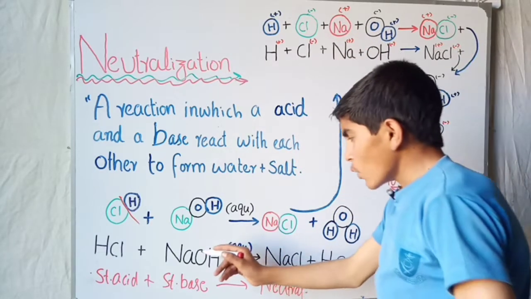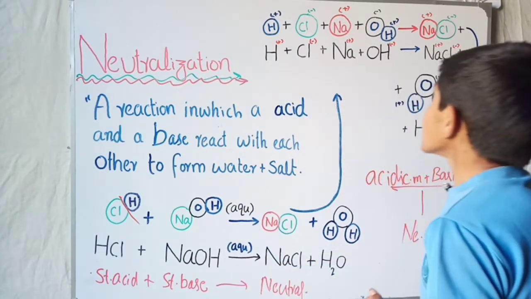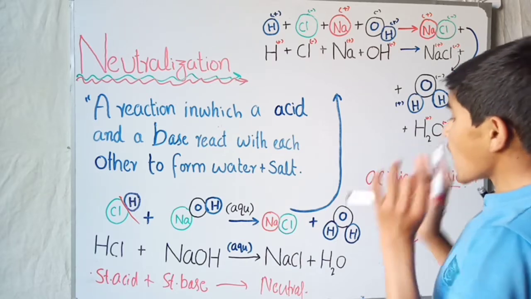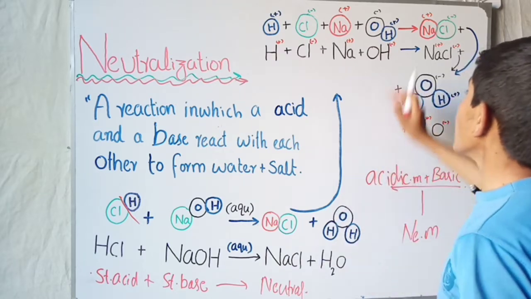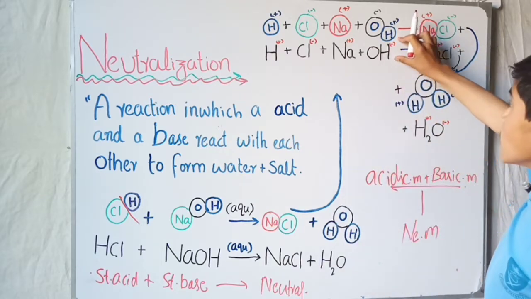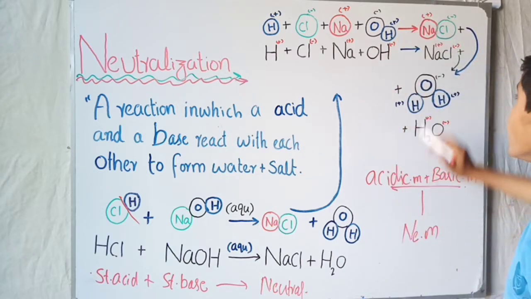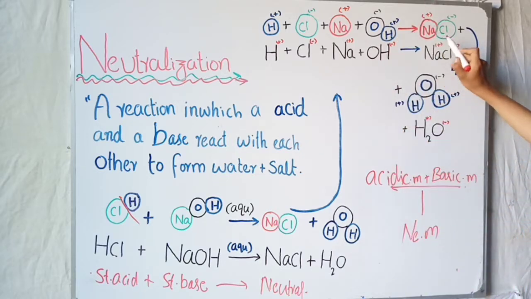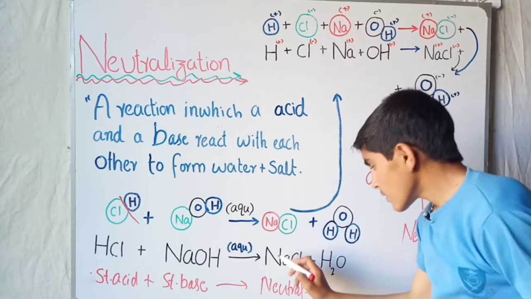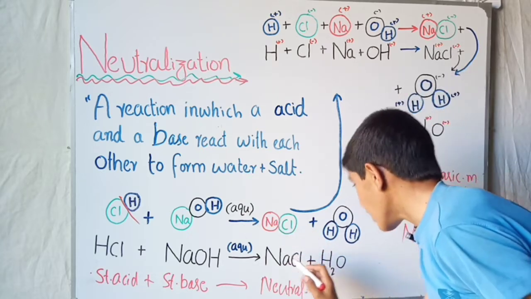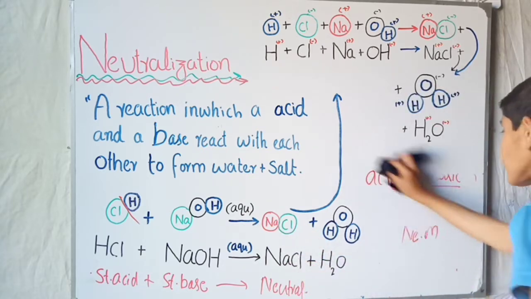And the second, NaOH: the Na has a positive charge while the OH has a collectively negative charge. Therefore it gives us NaCl.